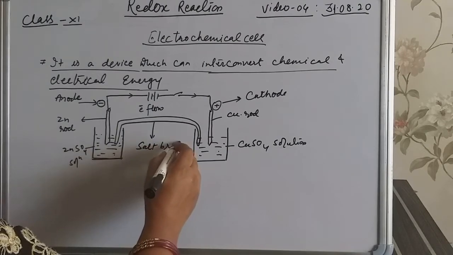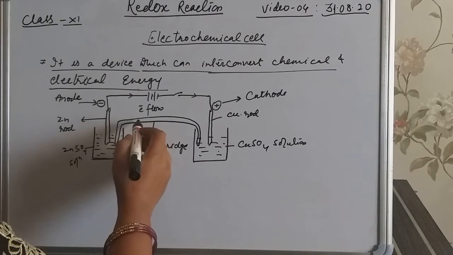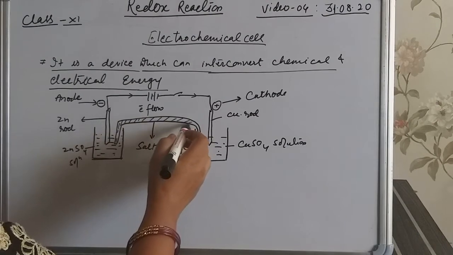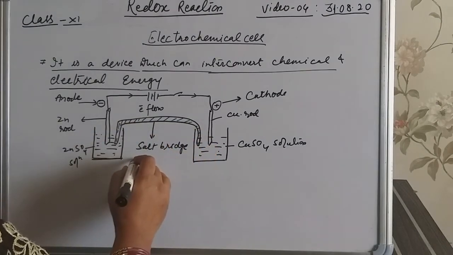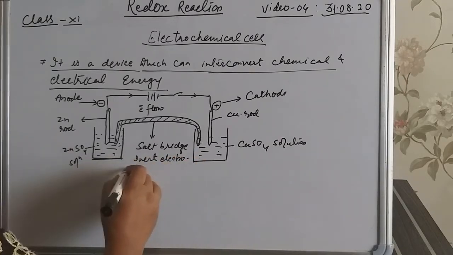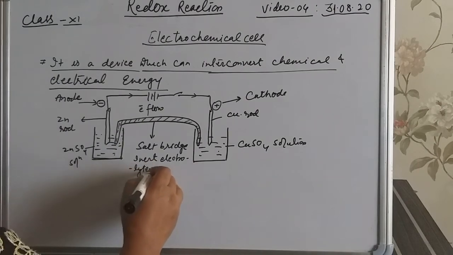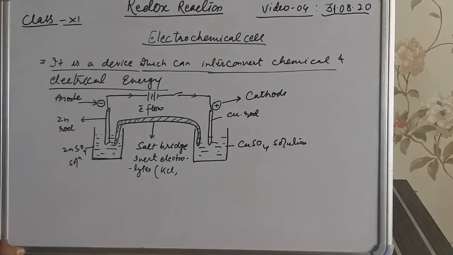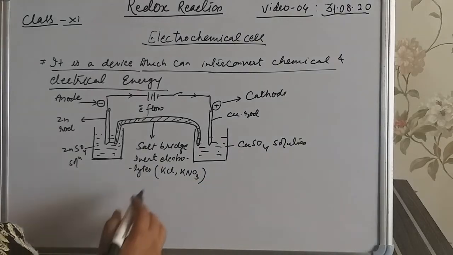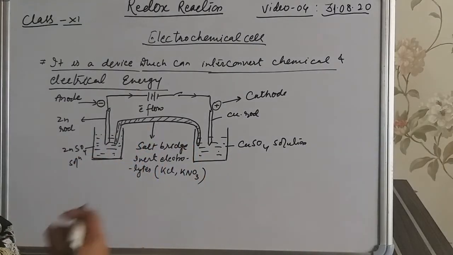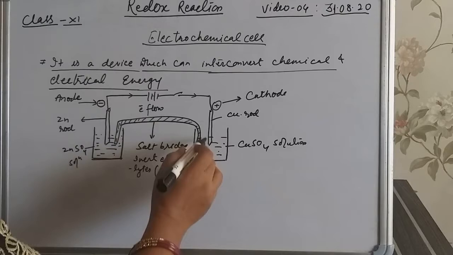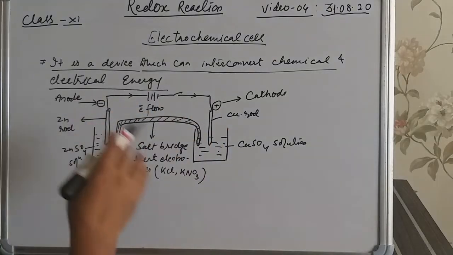It is filled with an inert electrolyte, for example potassium chloride, potassium nitrate, etc. It is filled in the form of a paste with agar-agar solution. So this salt bridge completes the inner circuit, and the metal wire connects the outer circuit.